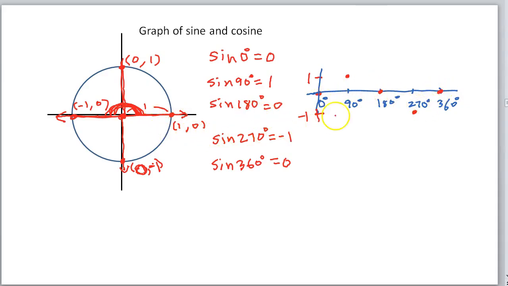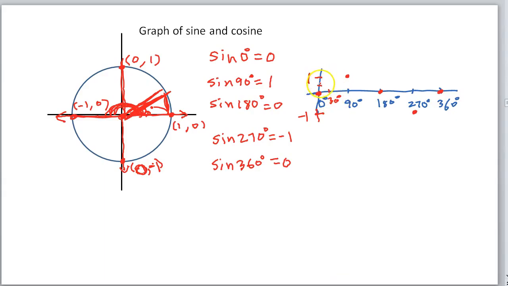Okay. To help us to imagine the graph a little better, let's do just one more angle. Let's try 30 degrees. I can use this reference triangle, but let's just say we looked at the table of values that we did last time. So at 30 degrees, we know that sine of 30 degrees is 1/2.